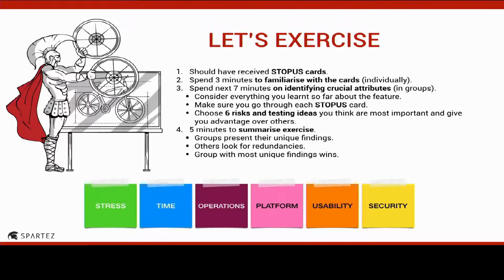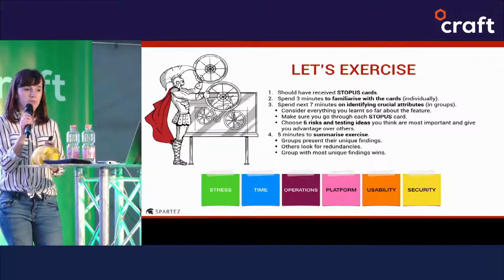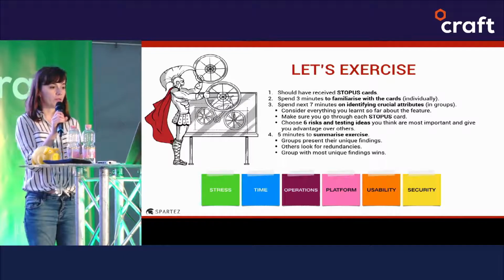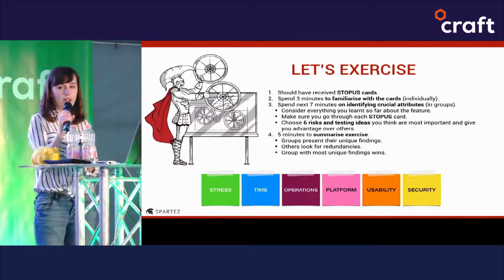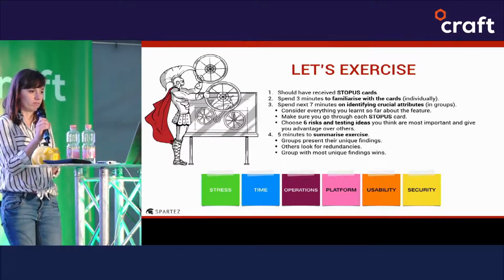You will spend 3 minutes to familiarize yourselves with the cards, and later we will have 7 minutes to identify crucial attributes with these cards. And later you will choose the most interesting and the most unique risk, and you will share it with other groups.